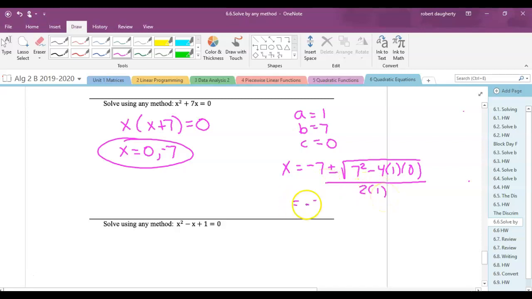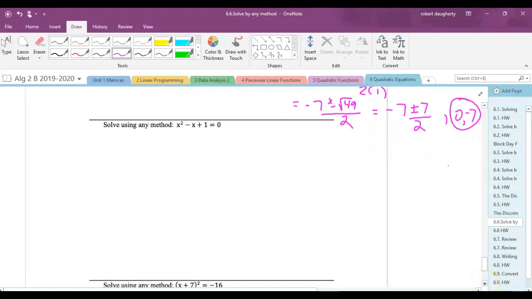So this is negative 7 plus or minus the square root of 49 over 2. So this is negative 7 plus or minus 7 over 2. If you take the plus, that's going to give you 0, and with the minus, negative 7. 0 and negative 7 are your two answers there. Okay? So you can still get there with any method.